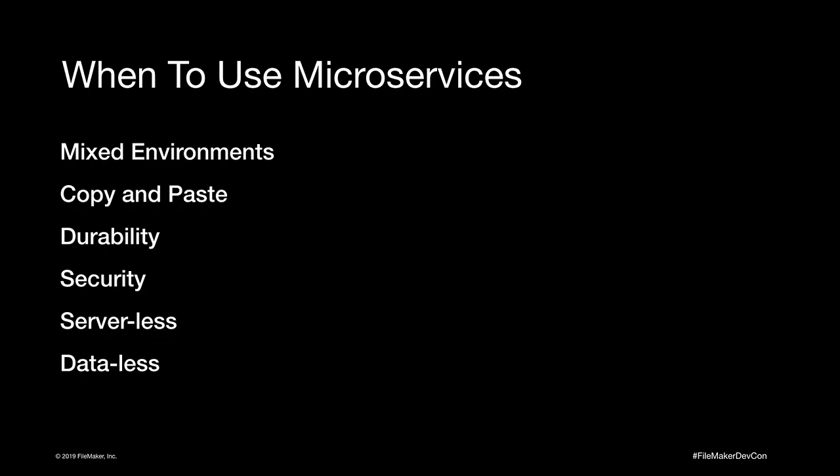If you are a vertical developer, or if you're developing the similar file for all of your clients, like you want to offer something like a MailChimp service for everybody, the microservice architecture allows you to very easily copy and paste that singular code to multiple places to deploy it for multiple clients.